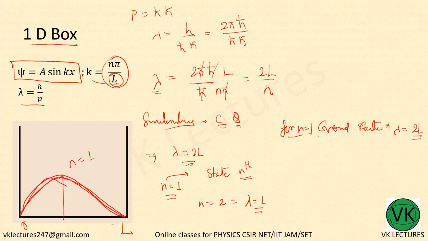For the first excited state, n equal to 2, after the ground state n equal to 1, lambda will be equal to L. And for the second excited state, n equal to 3, it is 2L divided by 3.